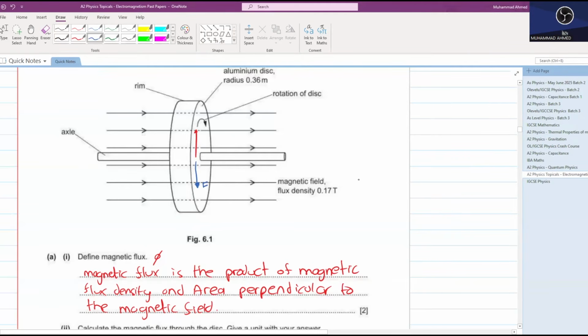So when you apply Fleming's left hand rule, your thumb will point downward, your magnetic field finger will point towards the right, and then you will get the direction of current as inward, like this. So your current is from the rim towards the axle.